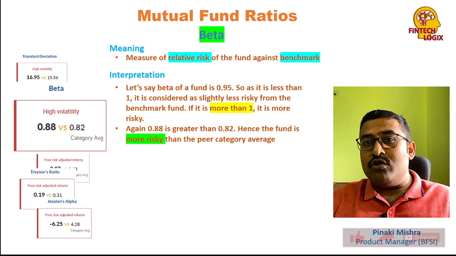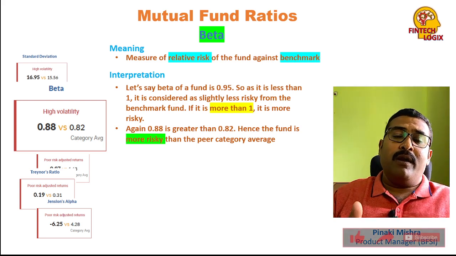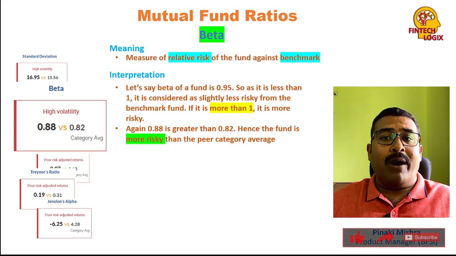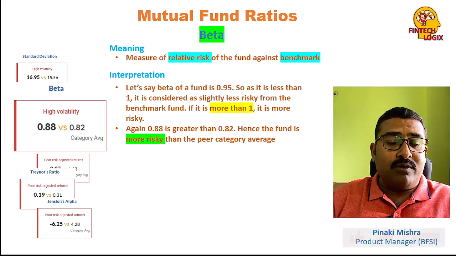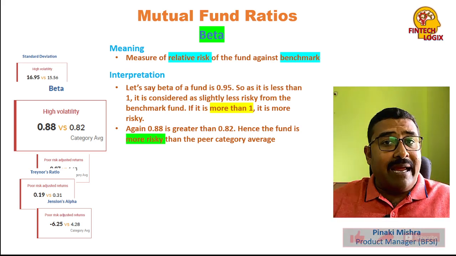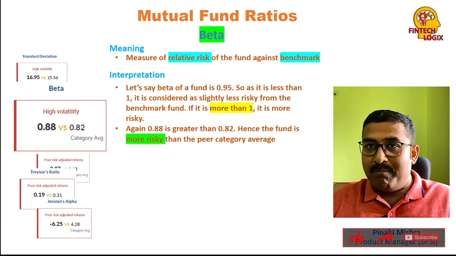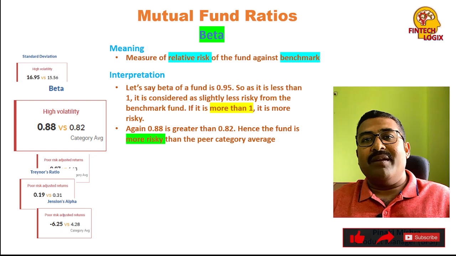Now it can also be the reverse. If your value had been 1.05, that would have meant that this mutual fund has a slightly higher risk than the benchmark fund. That is what it means.